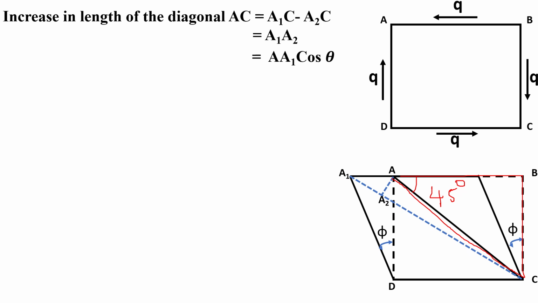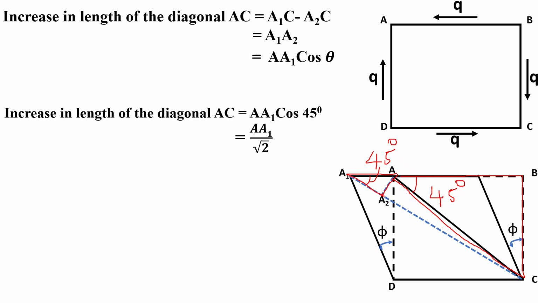In the same way, we consider the right angle triangle AA1A2. The angle between AA1 and A1A2 is also 45 degrees. So cos theta becomes cos of 45. Then the increase in length of the diagonal AC becomes AA1 cos 45, which is equal to AA1 divided by root 2.